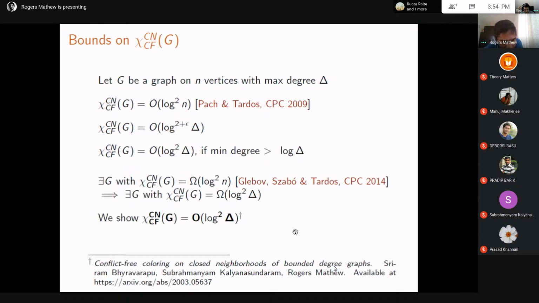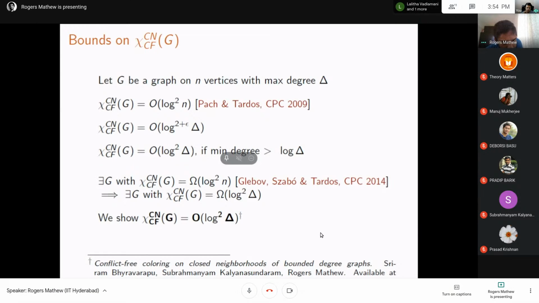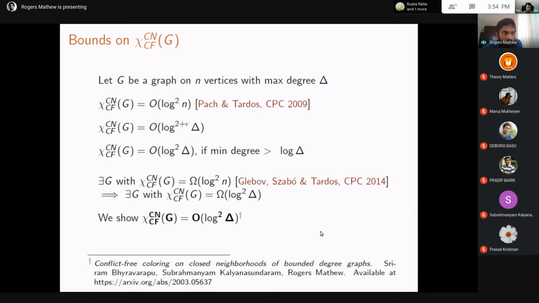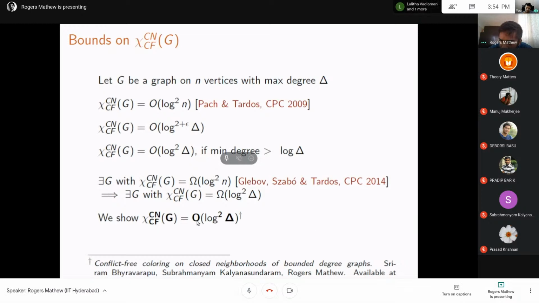Sorry, just a couple of things. Is this lower bound constructive, or is this the probabilistic method? It's a random graph proof. And under what conditions is this order log square delta?